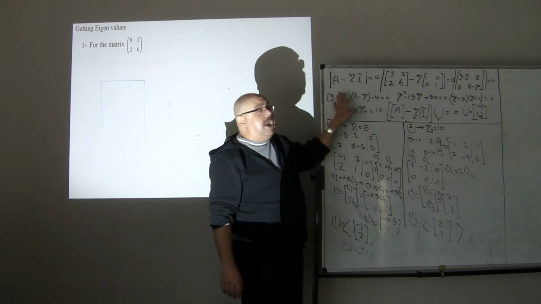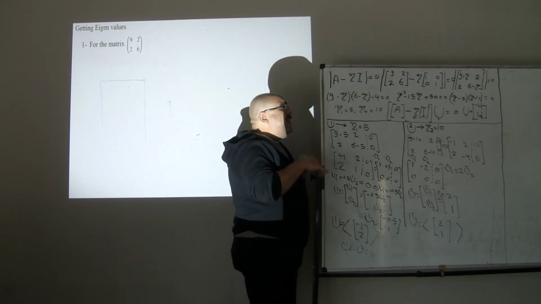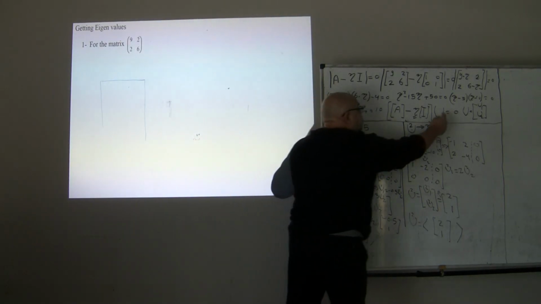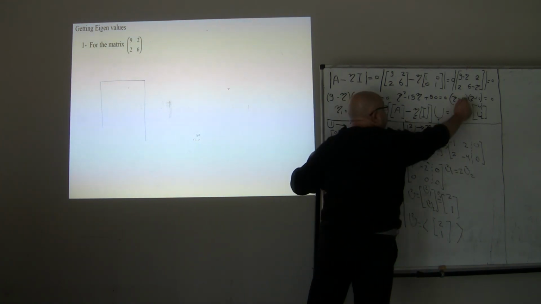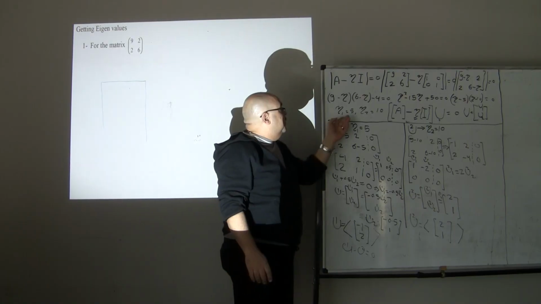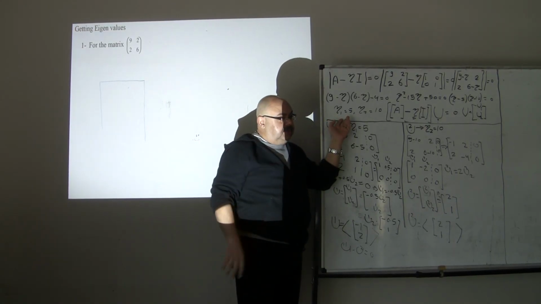If I was trying to solve another equation, Mr. Ziyad, and I had a 3 by 3 equation or something, with eta minus 5 to the power of 2, or eta minus 5 to the power of 3 for another equation, which means this is going to be a repeated root twice or 3 times.